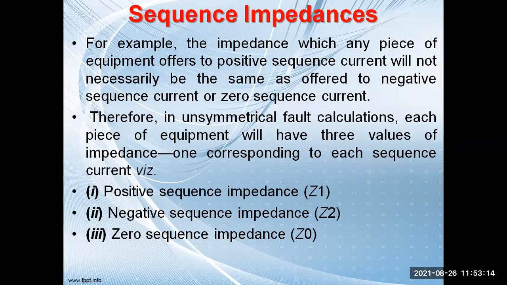Now, when there is a current, it is coming because of the potential, the voltage, which is the source. The ratio of voltage to current is basically your impedance. So there is an existence of impedance, and those impedances are known as the sequence impedances.